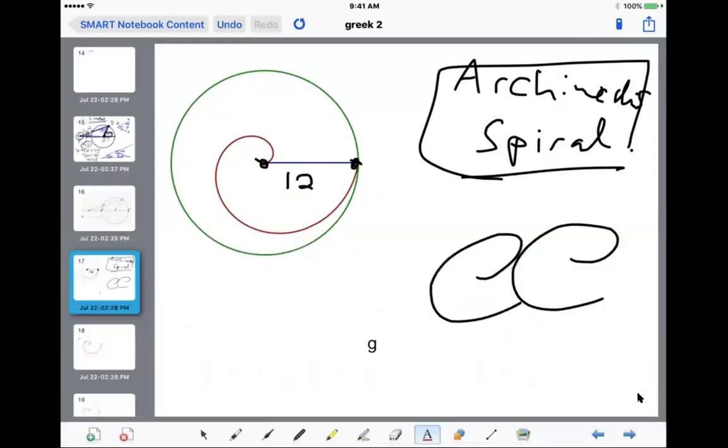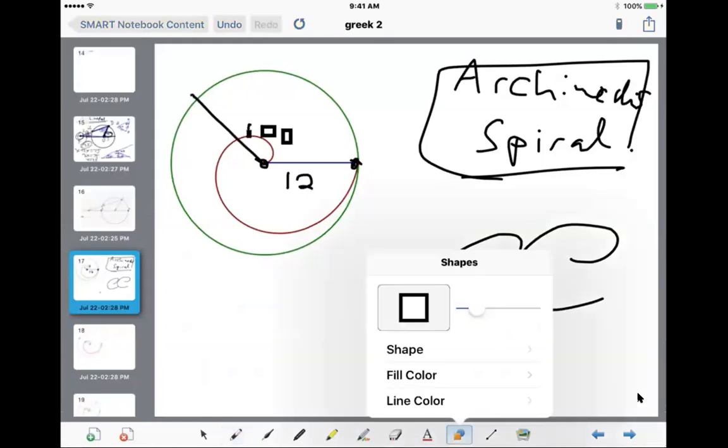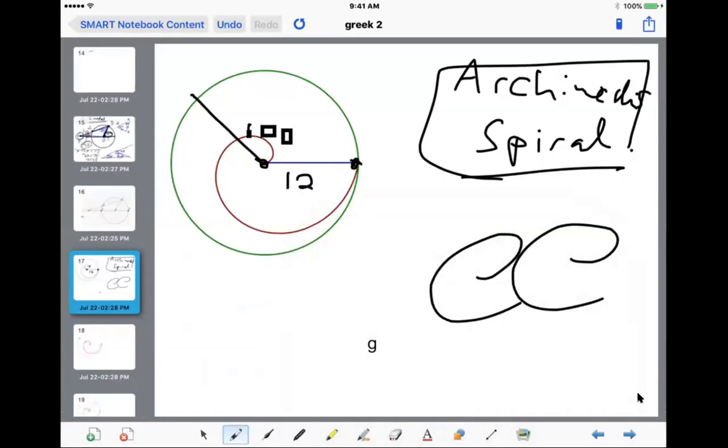If this line segment is length 12, and this angle is 120 degrees, my question is, how long is that line segment? I'll make it another color.